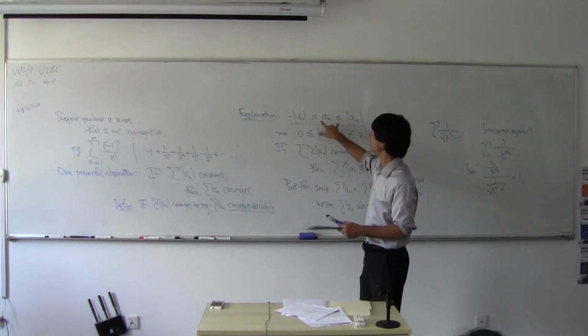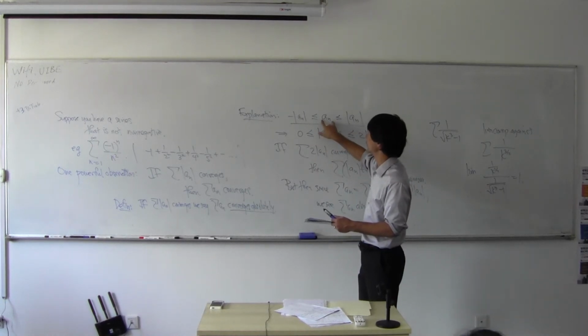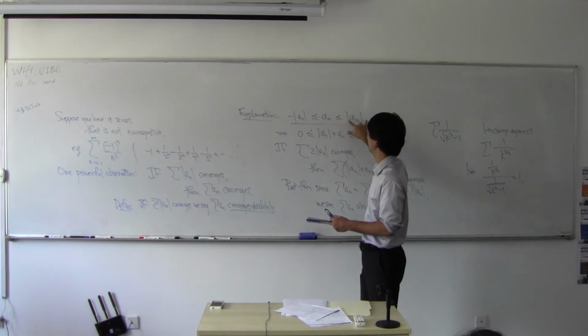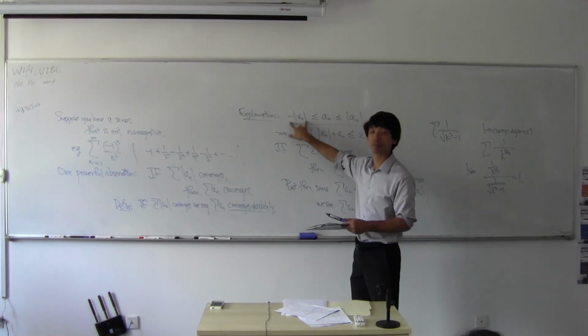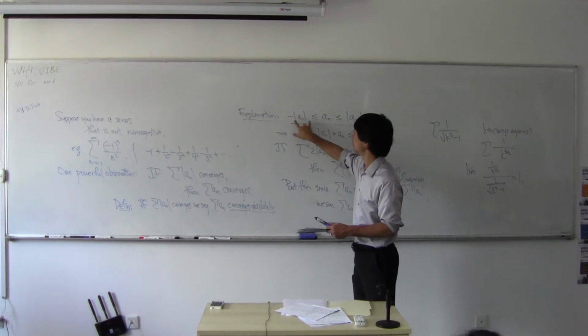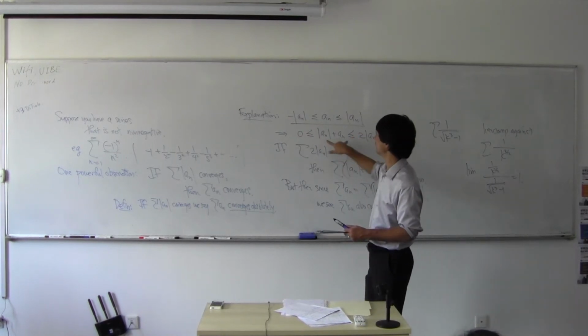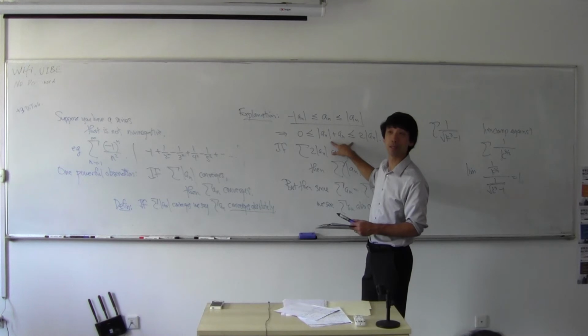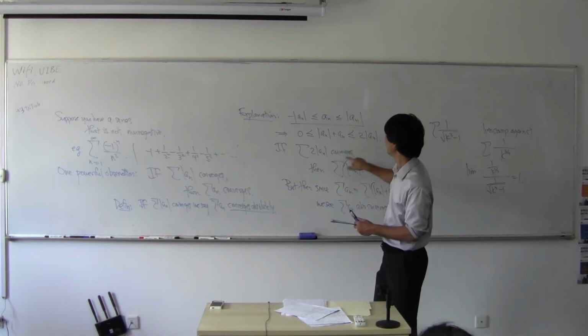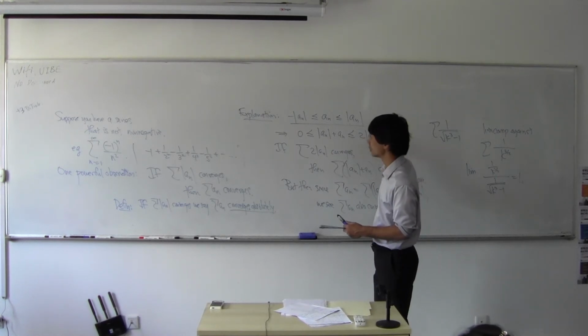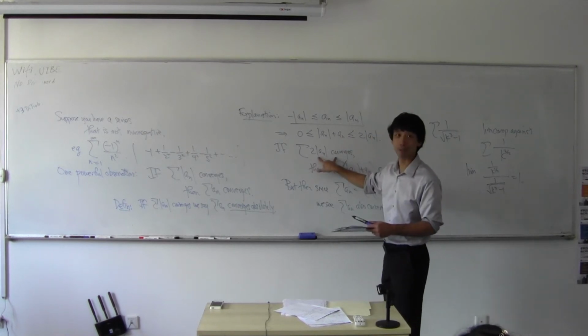First, you observe that the original values lie between the absolute value and the negative absolute value. You add the absolute value all the way through, and you get this statement. Now, if the sum of the absolute values converges, then certainly the sum of twice the absolute value converges.